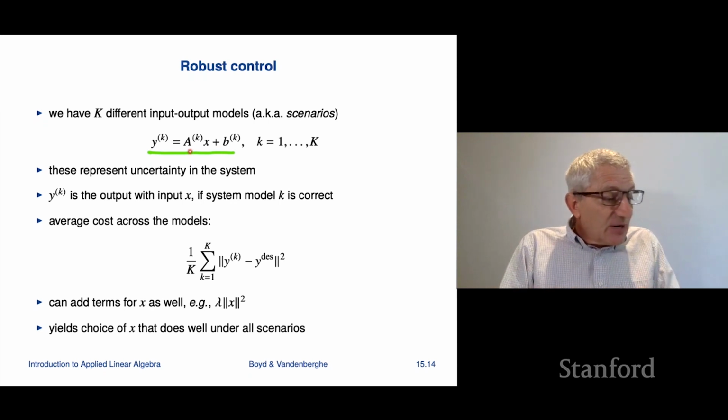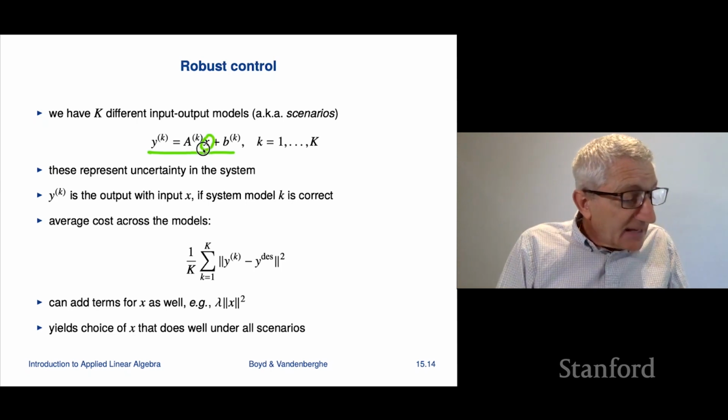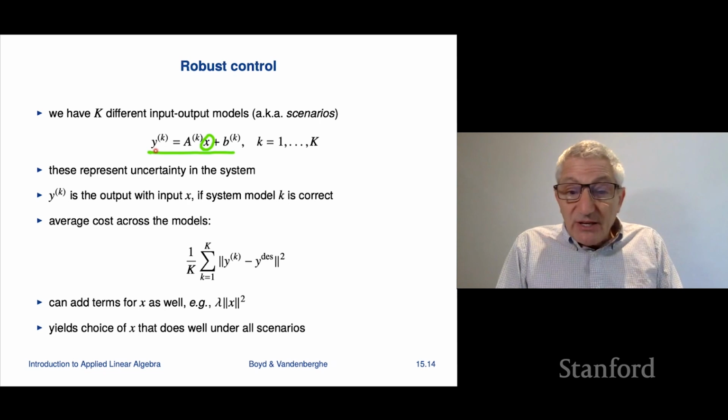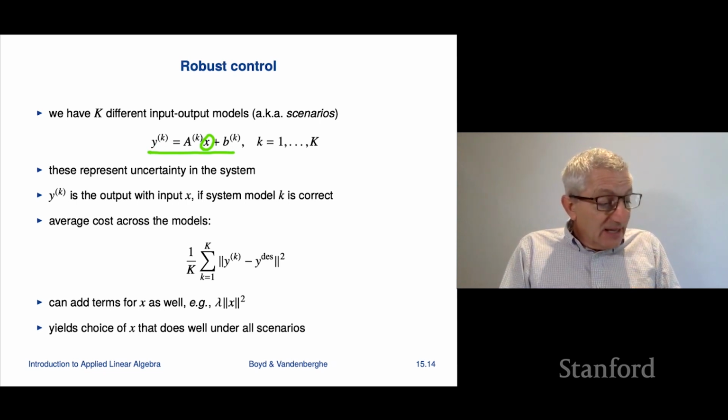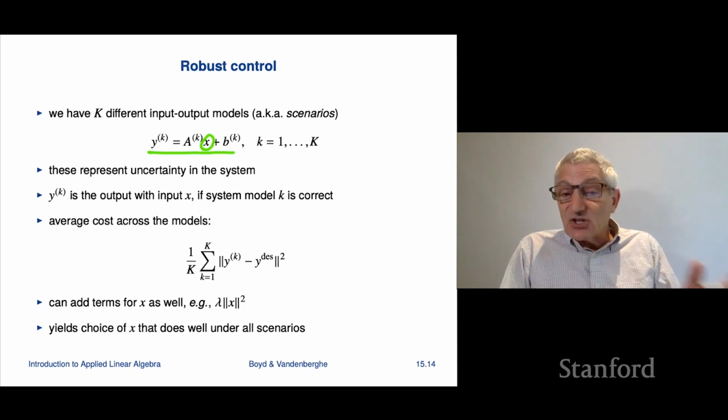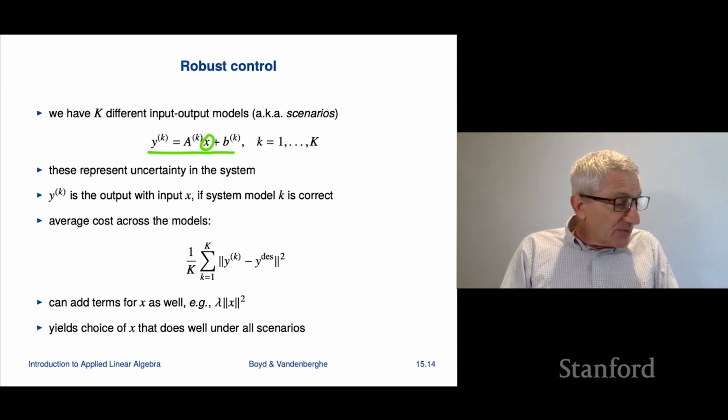You're going to choose a single x, and we interpret y superscript k as the output if system model k is correct. That's what y superscript k is.